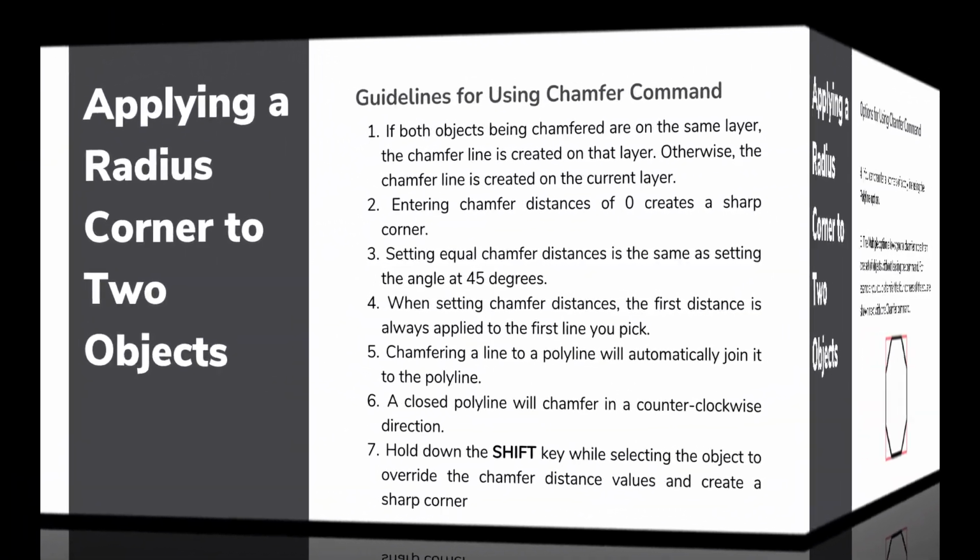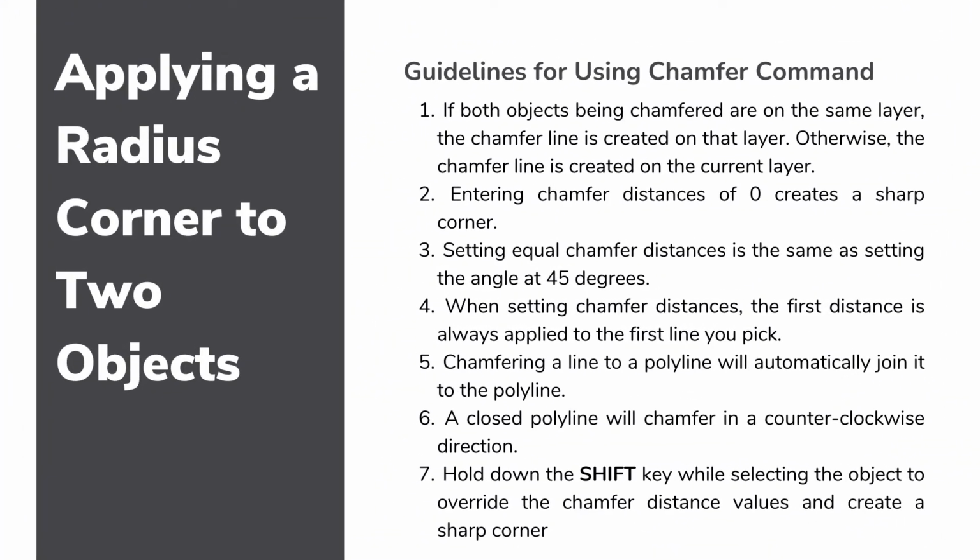Okay? So, next, ito naman yung guidelines for using chamfer command. If both objects being chamfered are on the same layer, the chamfer line is created on that layer. Otherwise, the chamfer line is created on the current layer. Next, entering chamfer distances of 0 creates a sharp corner.